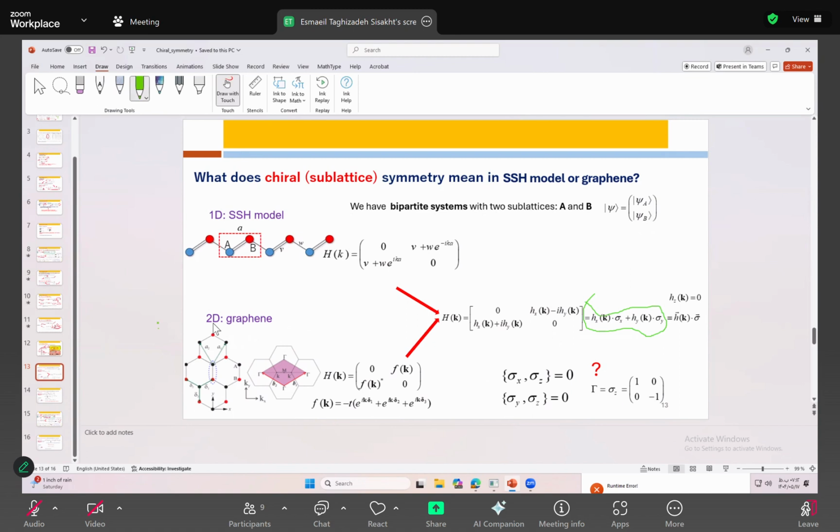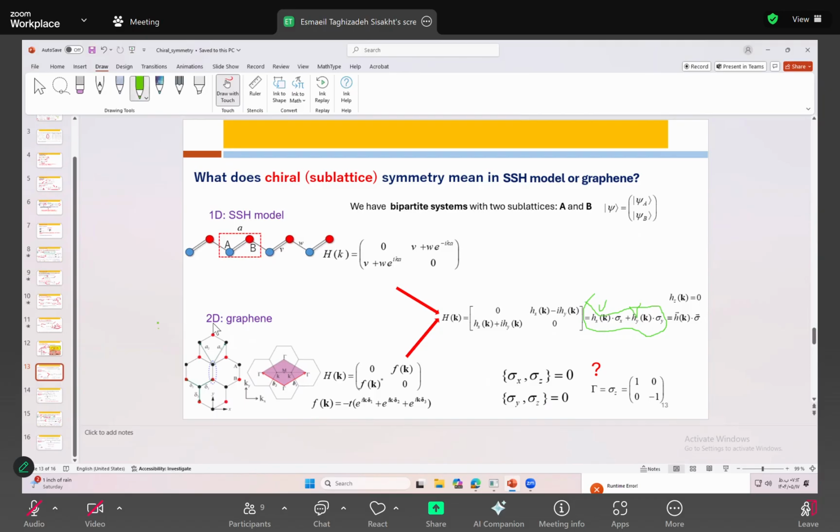In the Dirac particle case, this Hx and Hy are linear in momentum, just p, just k.